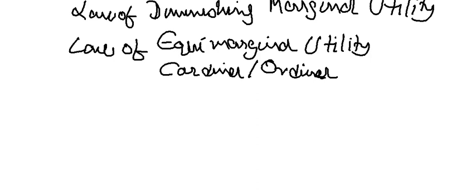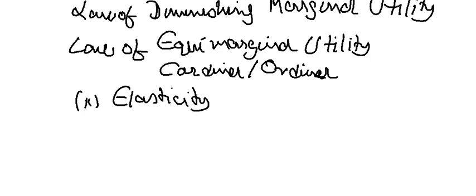The second part, after discussing all of it, is elasticity of demand, which you have to know. You are familiar with this. Here we have to know what is the meaning of elasticity of demand and what is elasticity.